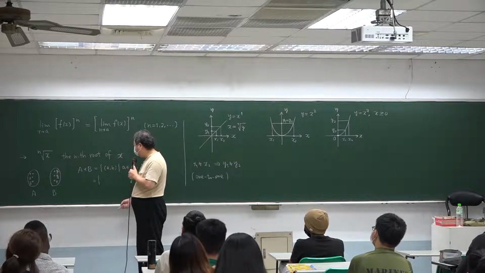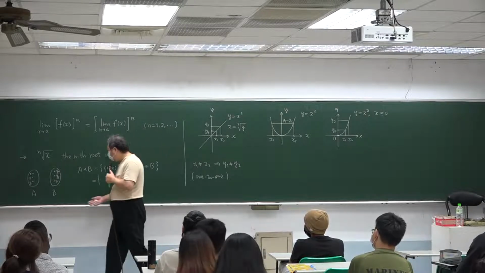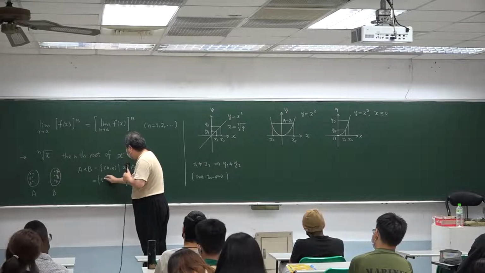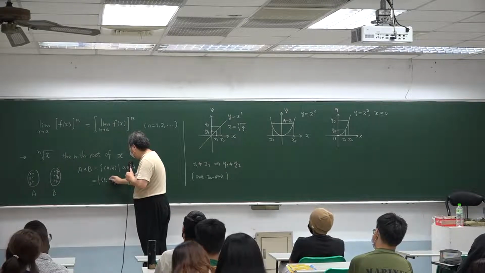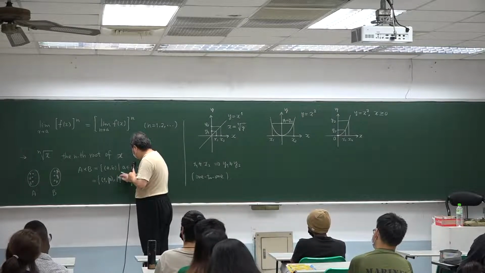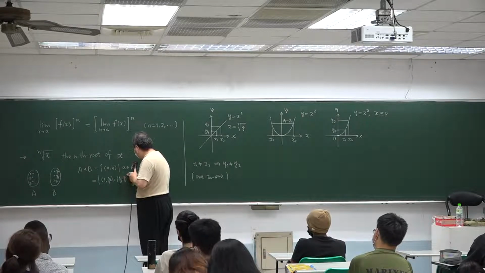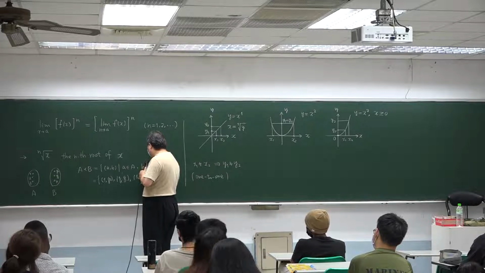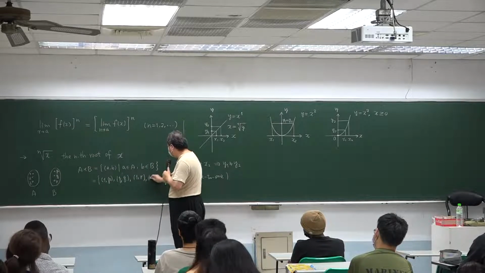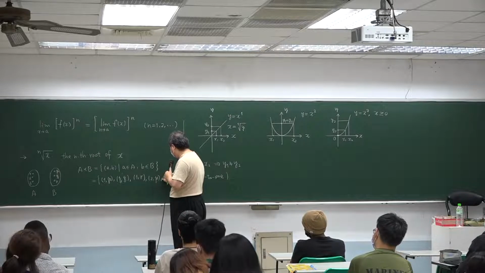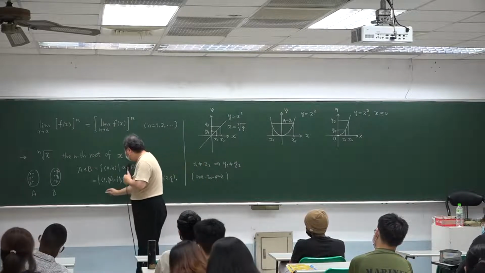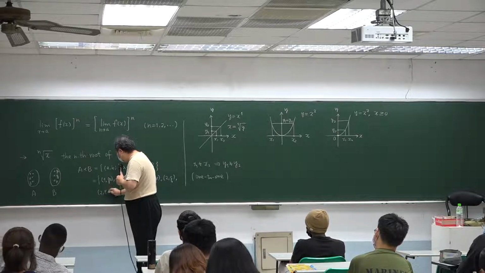And the first component is chosen from A. If this component is 1, we have 1P, 1Q, 1R. If the first place is 2, we have 2P, 2Q, and 2R.